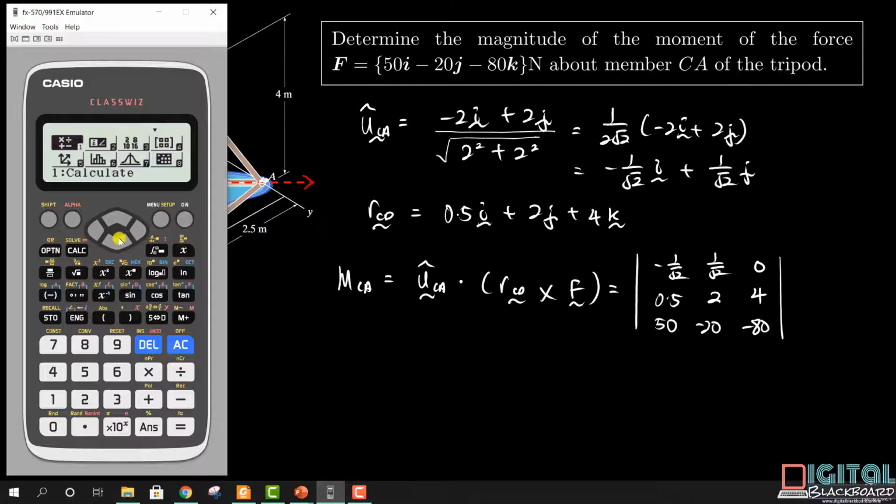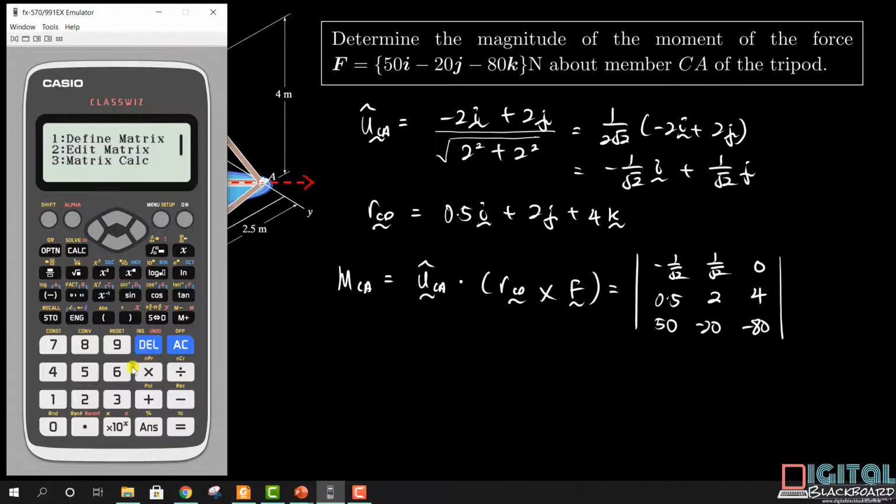We go to menu and then we move on to matrix option 4. Define our matrix A 3 by 3. So the first row is minus 1 over square root 2, 1 over square root 2, 0, then 0.5, 2, 4, then 50, minus 20, minus 80.